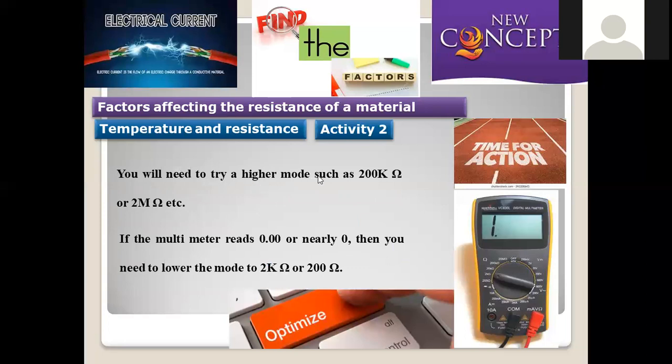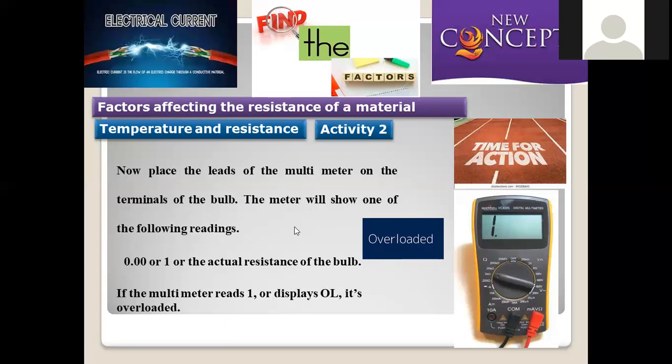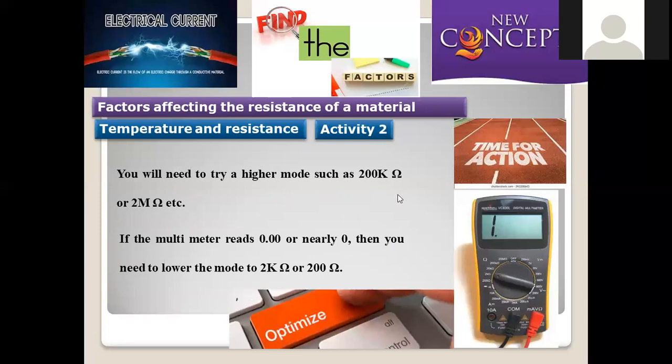You need to try higher modes, such as 200k ohms, or 2 ohms may be taken here. Initially we took the multimeter and measured its resistance, but it is showing only 1. That's the reason we are going to optimize by changing the selecting knob.